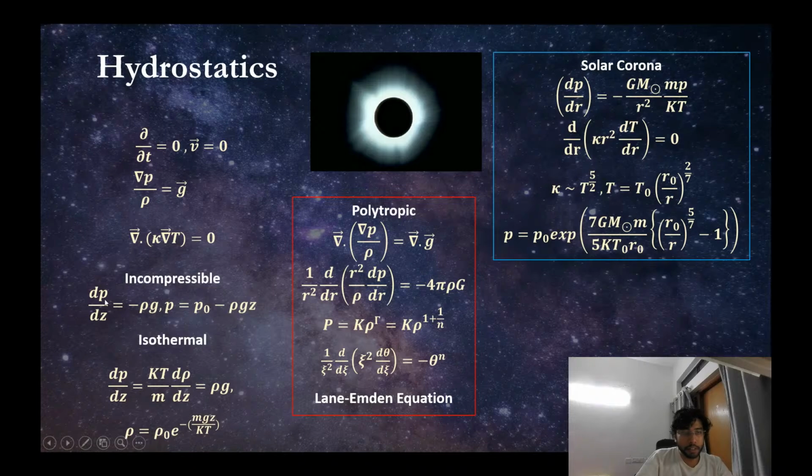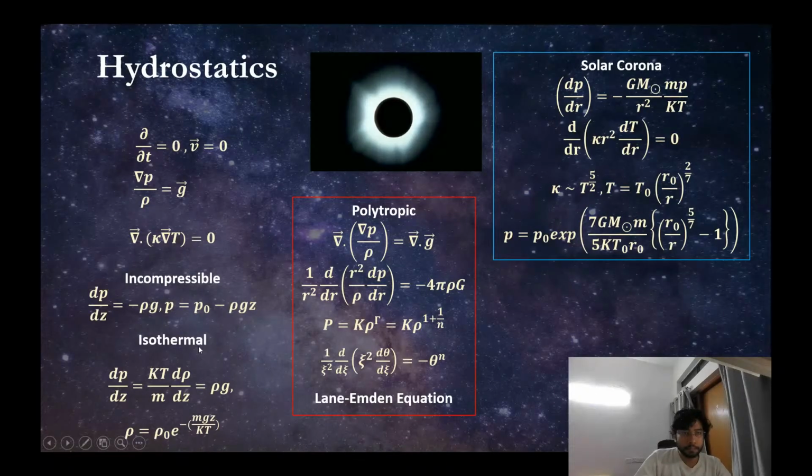So this integration becomes very simple. dP equals rho g dz. So, because this rho g is constant, and P naught is just an integration constant, this pressure will become P equals P naught minus rho g z, right? This is something which we have studied in high school, but this is the origin of this equation.